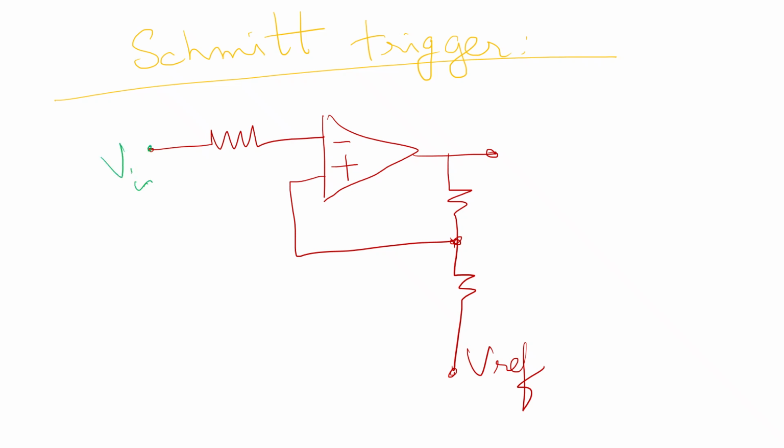The input voltage is fed to the inverting terminal. Resistors R3, R1 and R2 are connected here, and the output voltage is collected across the sixth terminal of the op amp. This Schmitt trigger circuit is called an inverting Schmitt trigger because the input signal is fed to the inverting terminal.